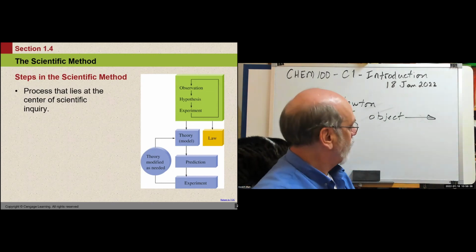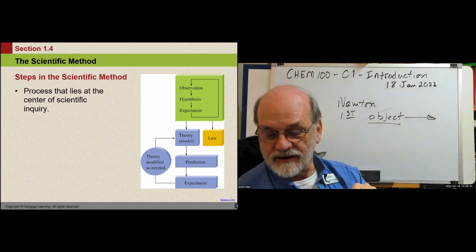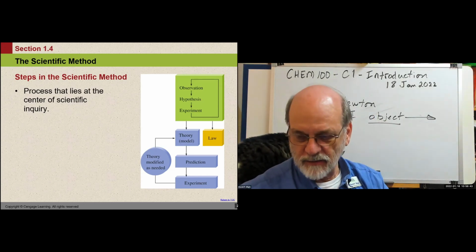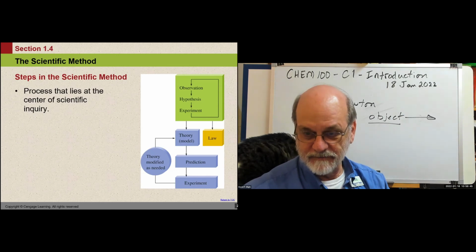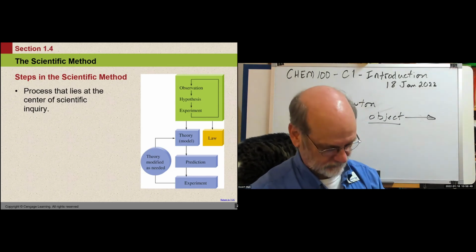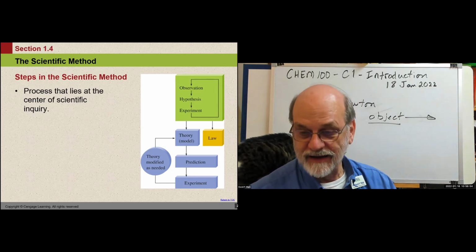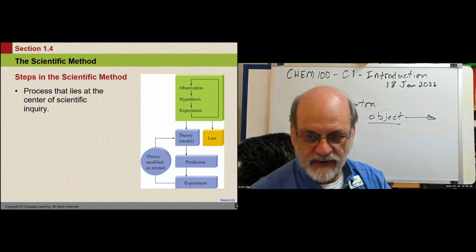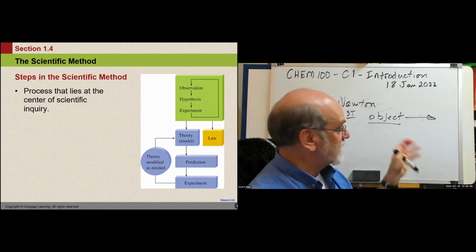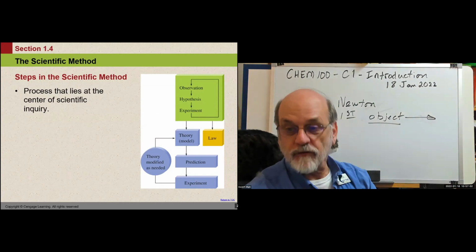Or an object at rest will stay at rest unless it is acted on by an external force. Right? That just says what happens. It says nothing about why. It just says this is what happens. And it has stood the test of time within the Newtonian framework.